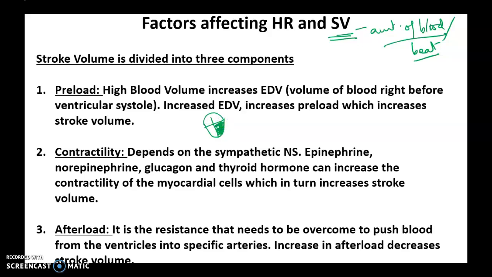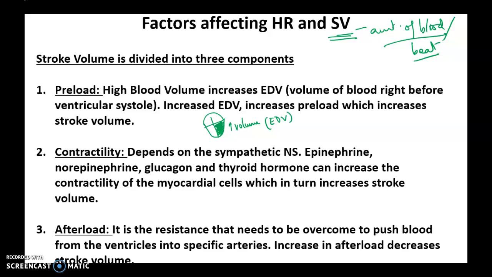So if you have a huge volume of blood in the chamber, what will happen to the end diastolic volume? So the volume is high, right? You have high volume, specifically end diastolic volume. And if you remember, end diastolic volume is the amount of blood, or the volume of blood, right before ventricles contract.